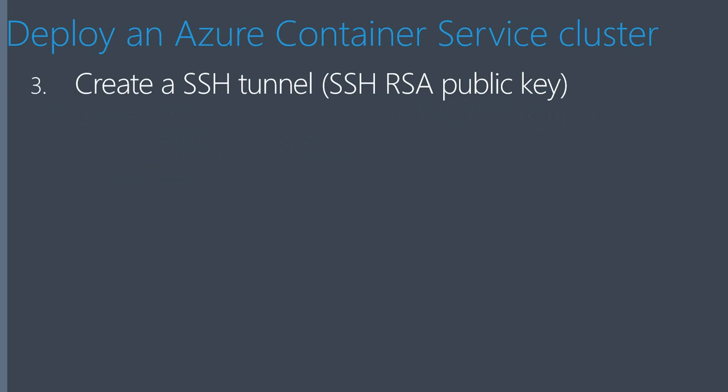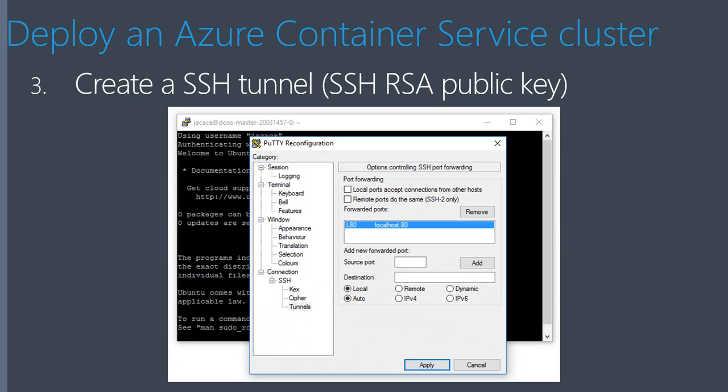and once the cluster is running, the next step is to connect to the cluster. In order to do that, you create an SSH tunnel. In that case, you have to provide an SSH RSA public key.